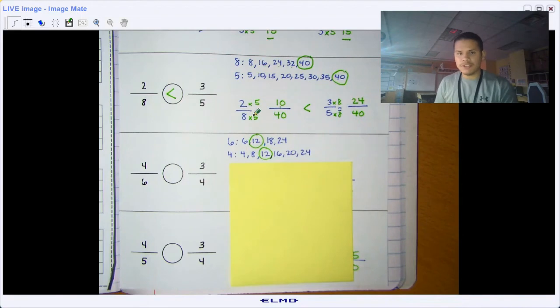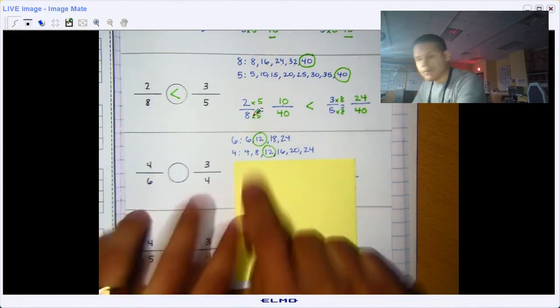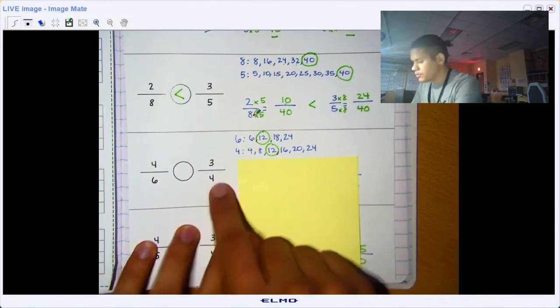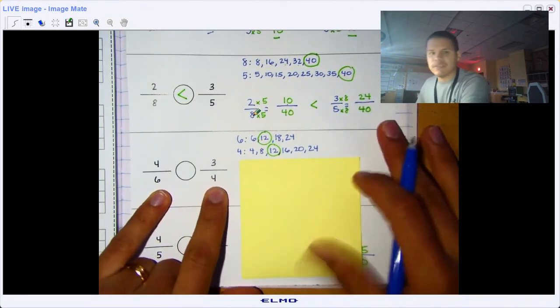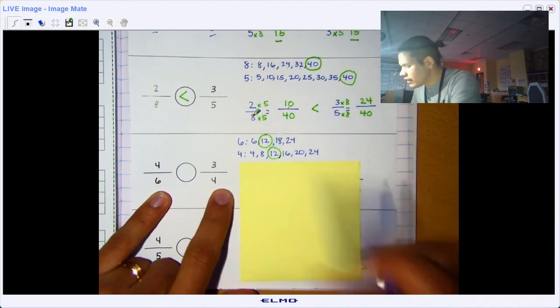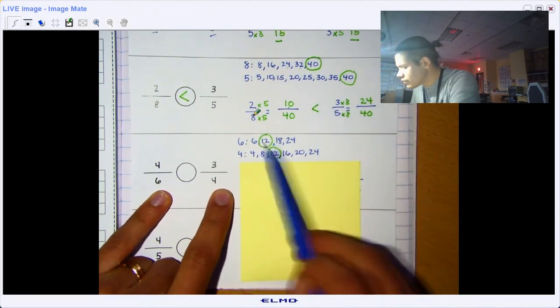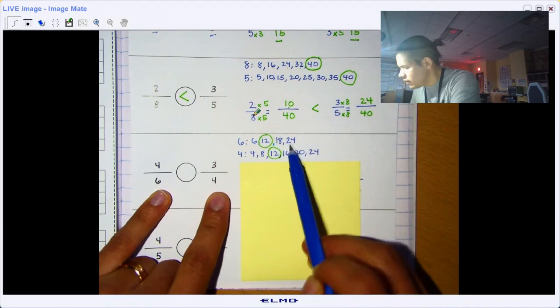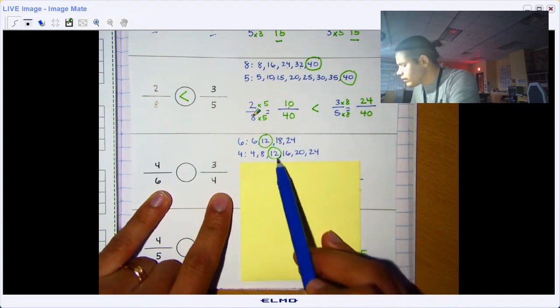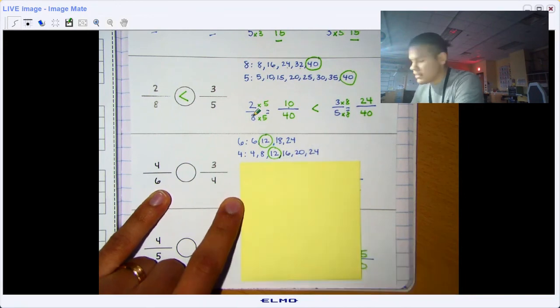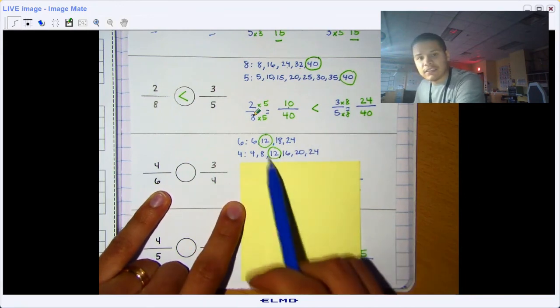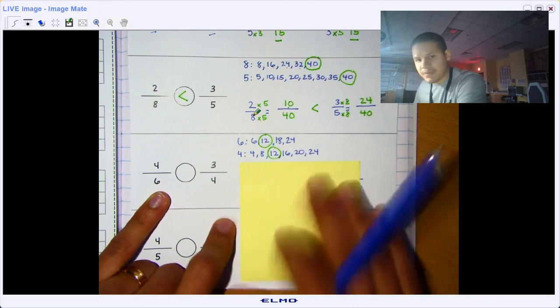Thank you for giving those problems a try. So, as you can see right here, I have my multiples of 6 and my multiples of 4 for my denominators to try and find a common denominator to make it easy to compare these numbers. Now, you'll notice I did 6, 1, 2, 3, 4 times. 6 times 4 is 24. And I did 4, 1, 2, 3, 4, 5, 6 times and got 24. I could use 24 as a common denominator, but actually, there's a smaller common denominator, so 12.